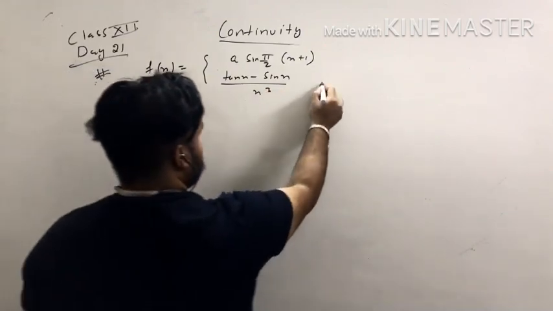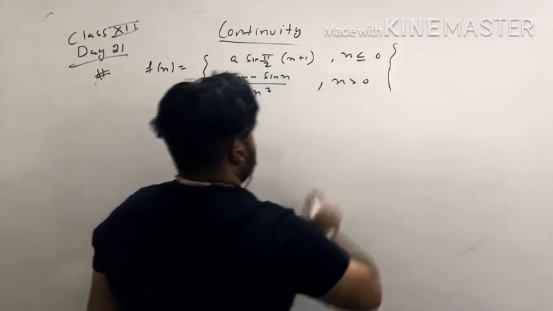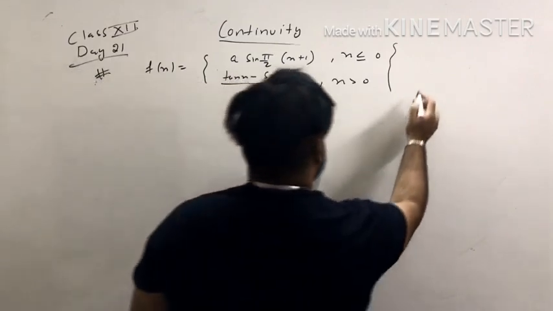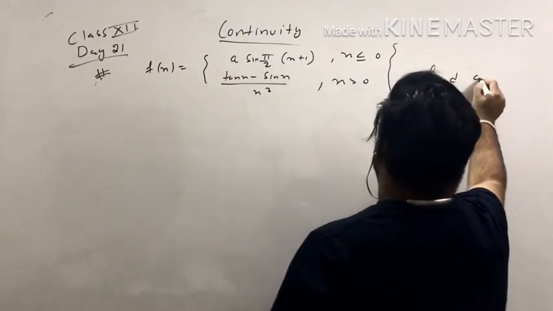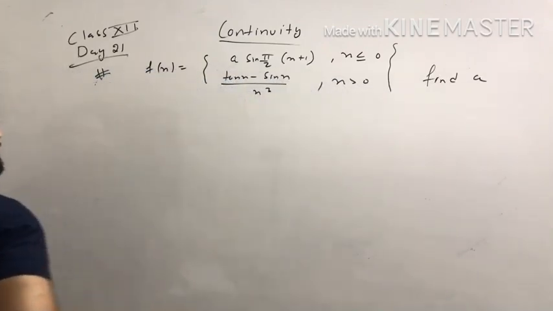This function is for x greater than 0, and this is for x less than or equals to 0. Now we have to find a if f(x) is continuous at 0.